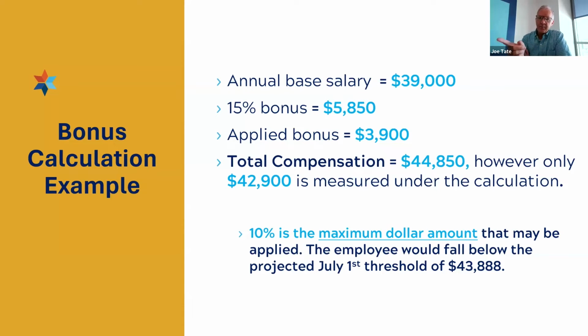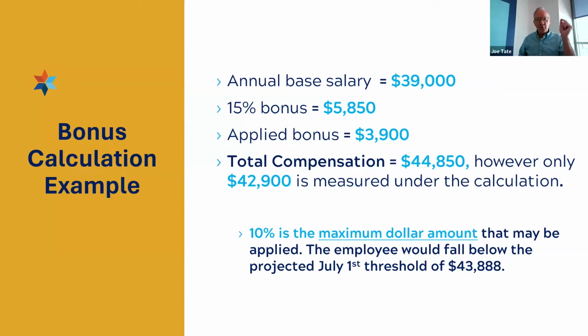However, remember under the rules on the last slide, the company can only use 10% of the overall base salary toward the calculation. So the applied bonus would only be $3,900, 10% of the annual salary. The total compensation is $39,000 plus the $5,850, which is $44,850.